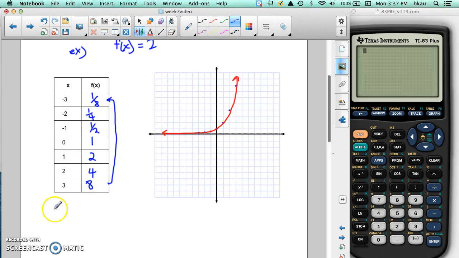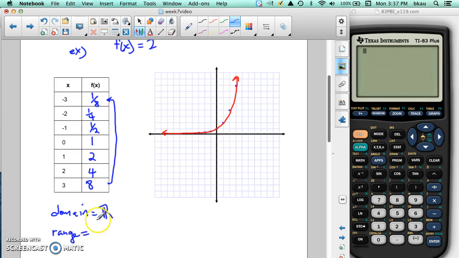For example, the domain. The domain of this function, what it looks like, is all real numbers. The range of this function looks like it's everything greater than 0.